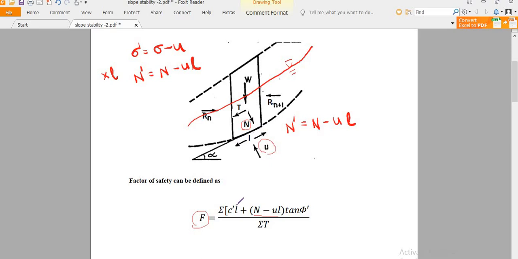And since we know these L values, this in the previous equation was something like this.